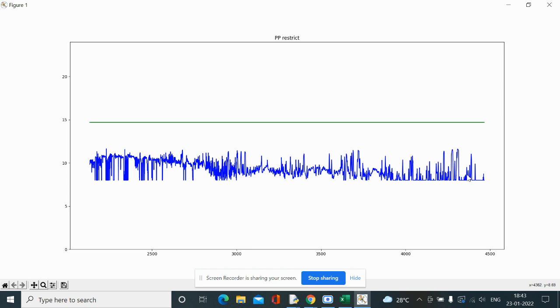So the best approach would be to use sonic data, DT_n by DT_o, which is the normal sonic transit time to the observed sonic transit time.